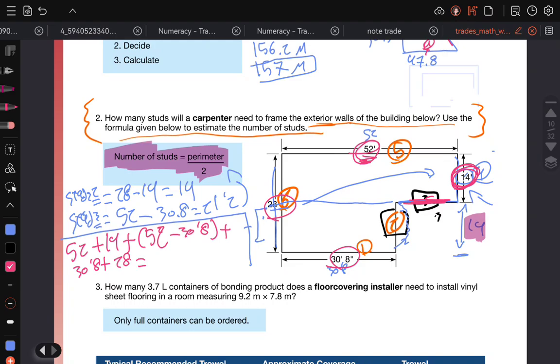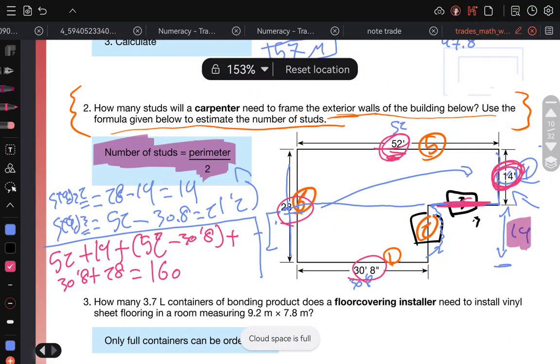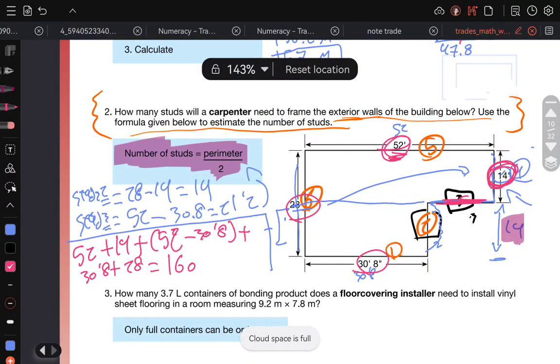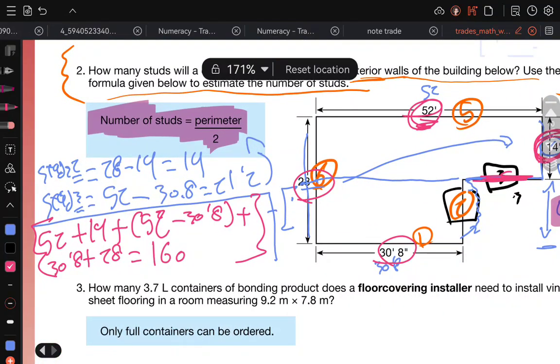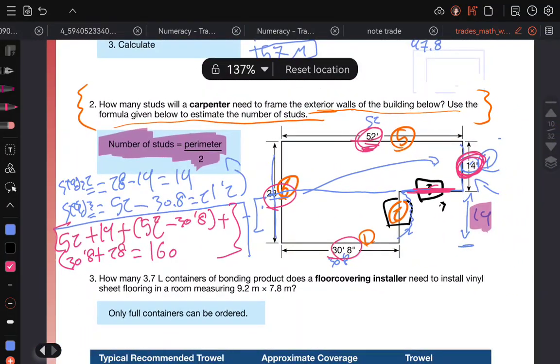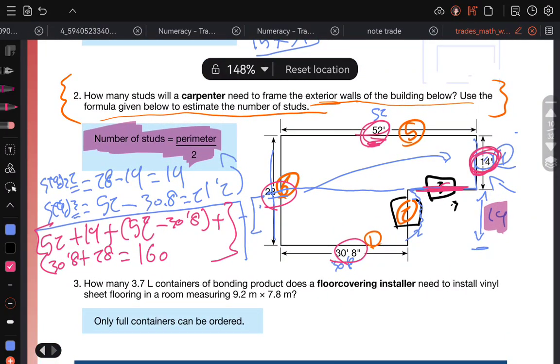It will be 160. Also try to open your calculator and do it, because sometimes you will not know how to do it, so always try to use your calculator, and don't use the calculator on the phone, especially on the iPhone.